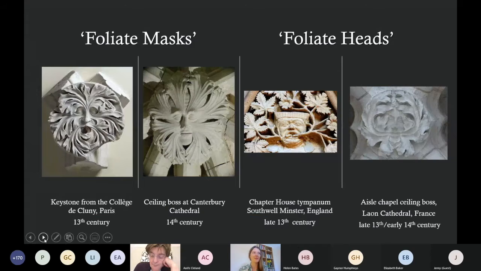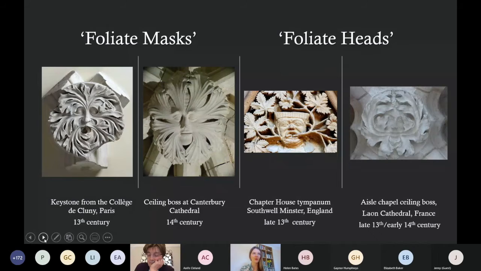I feel that this subcategorization is a useful, if not integral, tool when it comes to the interpretation of these separate yet related images. The reasoning for classifying a foliate figure as head, mask, or composite lies in whether the vegetative element comes from within the form, emitted via the mouth, nose, etc., or from the surface, either as a mask or growing out from the skin and covering the form beneath in a layer of leaves.